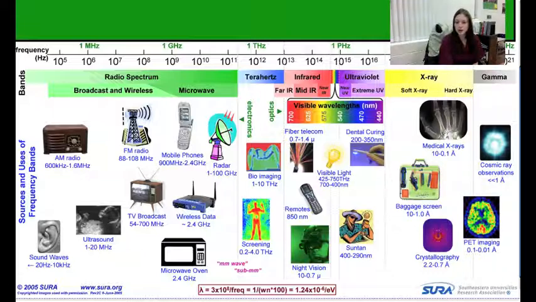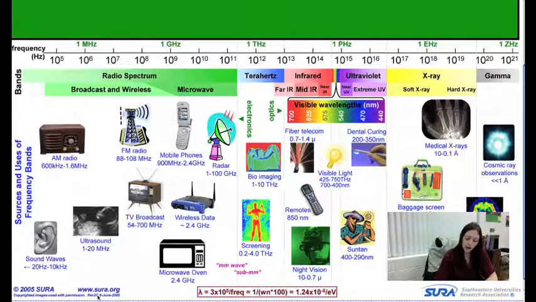They have X-rays, you've got the baggage screening, suntan, that's all ultraviolet rays. Tanning is like UVA and UVB rays. So just lots of examples of different things on the electromagnetic spectrum.